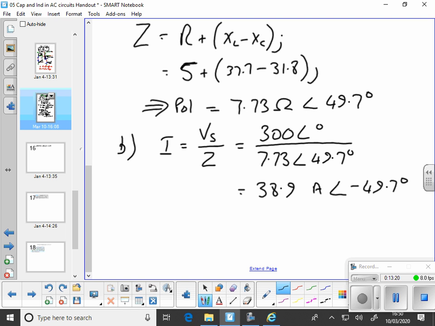Okay. So that's our current. Yep. Let's do VC first. Are you talking about rearranging VS equal to VR, a complex number?